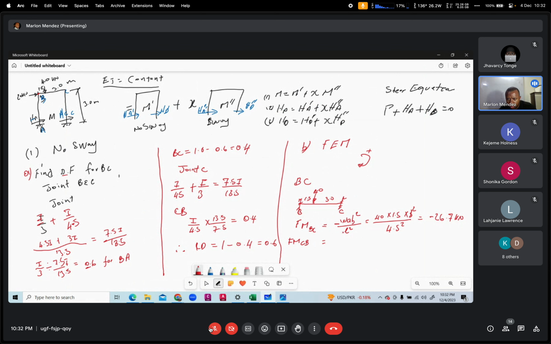So, W A squared, because we already established that this is A and this is B. So we square the part further away from where you start, where you want to look at the fixed end moment, B over L squared. This becomes 40 multiplied by 5 squared multiplied by 3.